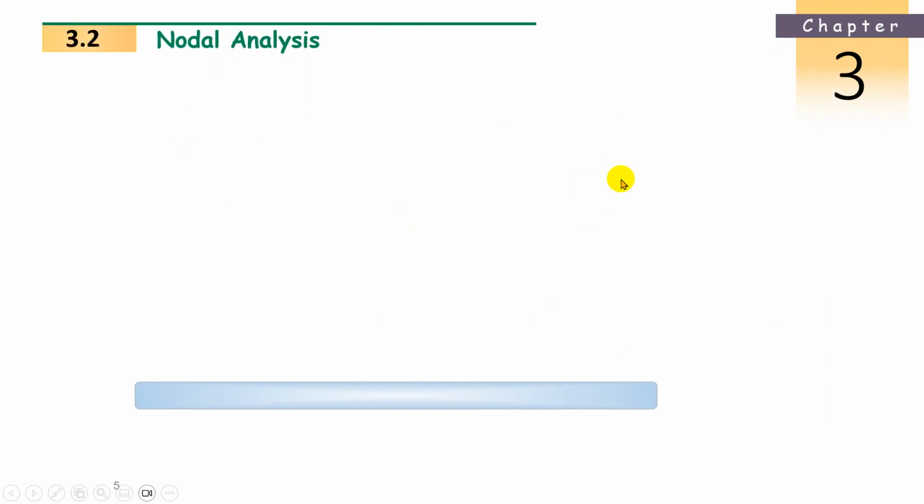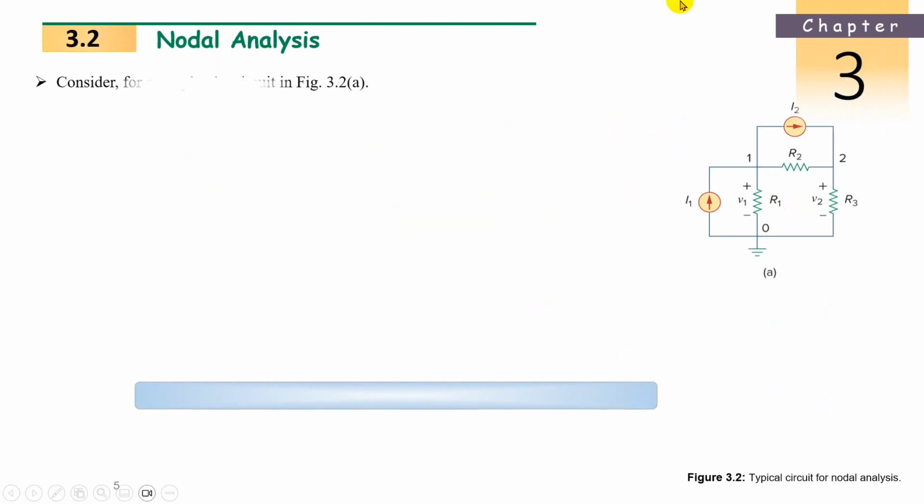Let's have one circuit here. What are you observing in this circuit? How many branches? Branch elements, how many? Okay, you can apply the branches equation. What is it?